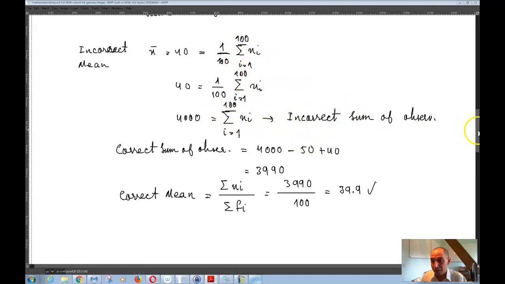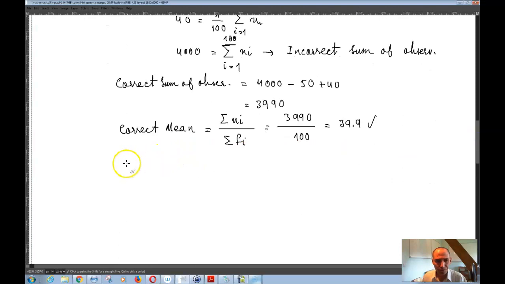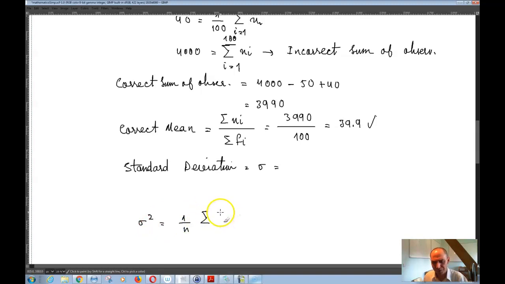So the standard deviation is basically nothing but sigma, where sigma squared, which is variance, is basically 1 over n times sigma of x of i minus x bar, all squared, as i goes from 1 to n.